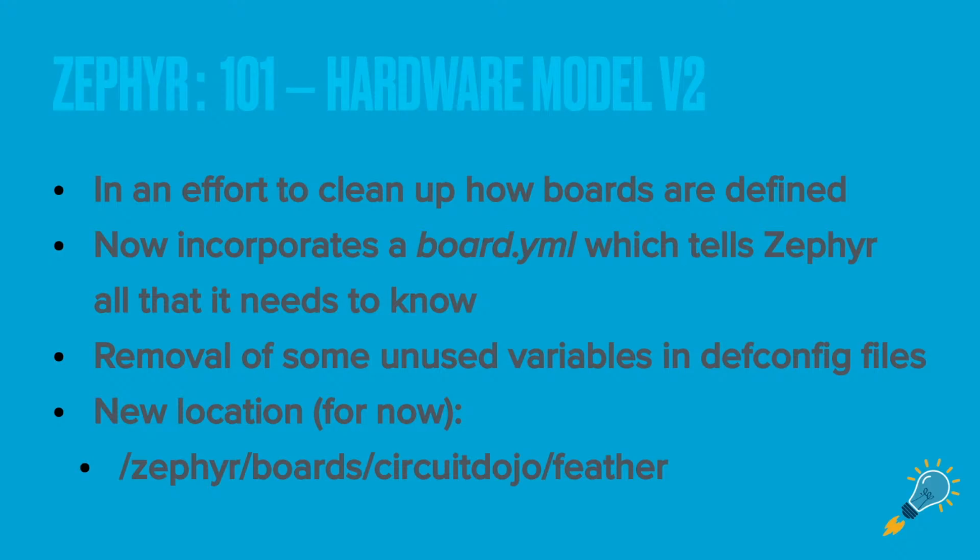There are some Kconfig values that did get removed, or they're just not used in the same way as previously. Some were very board specific, like when you want to use a certain board, this variable gets enabled, and it was just kind of redundant. So all that stuff got removed, and it's under the hood now.